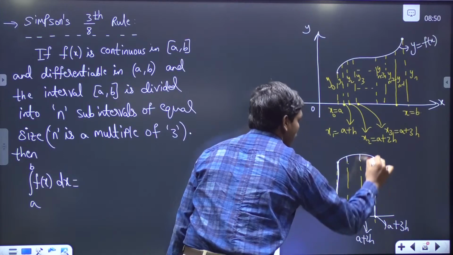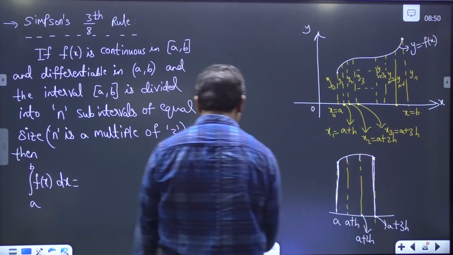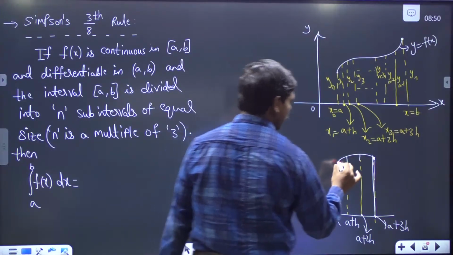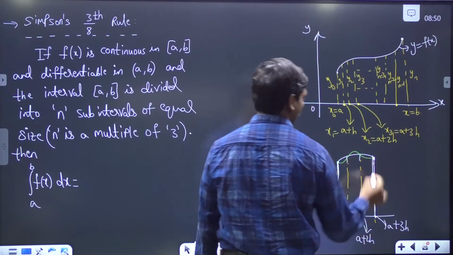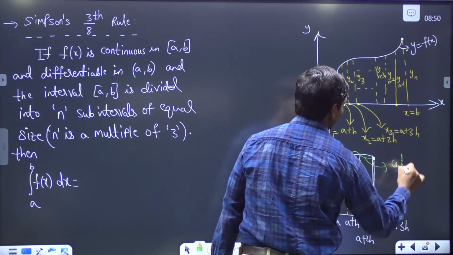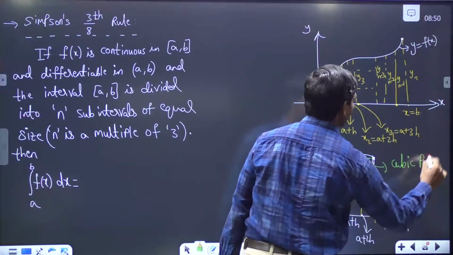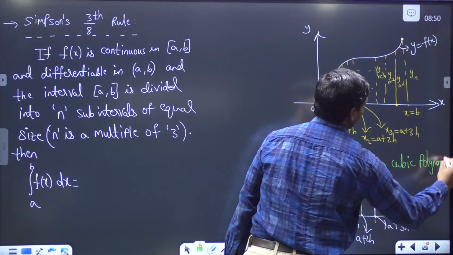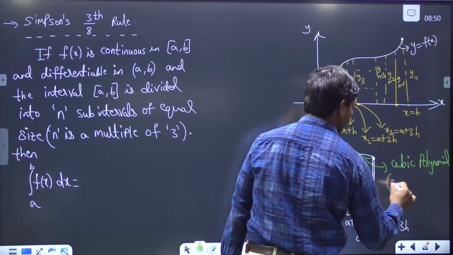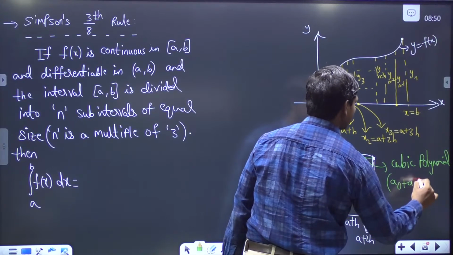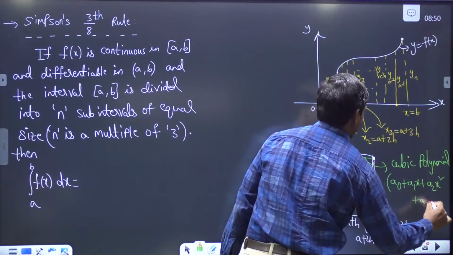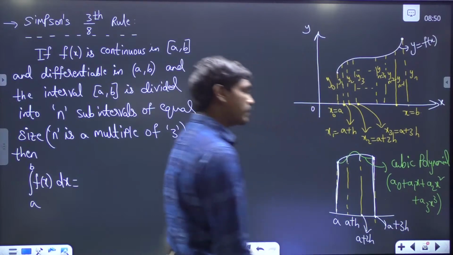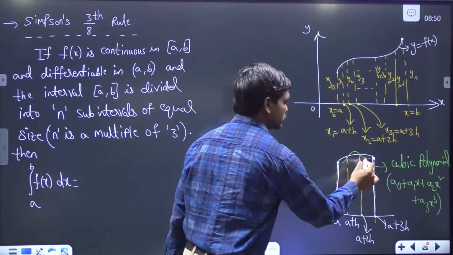This area we fit with a cubic polynomial, of the form a0 plus a1x plus a2x square plus a3x cube, and we find the area under it.